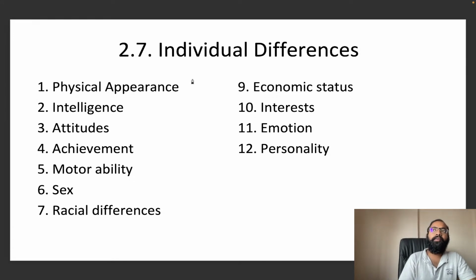So on what parameters will the differences take place? We tried to mention 12 parameters here, but actually there are a lot of parameters. But from our UGC NET examination point of view, these 12 parameters are enough.